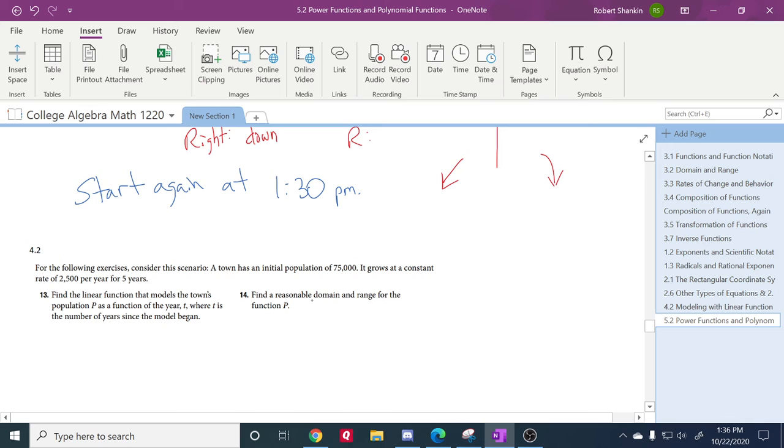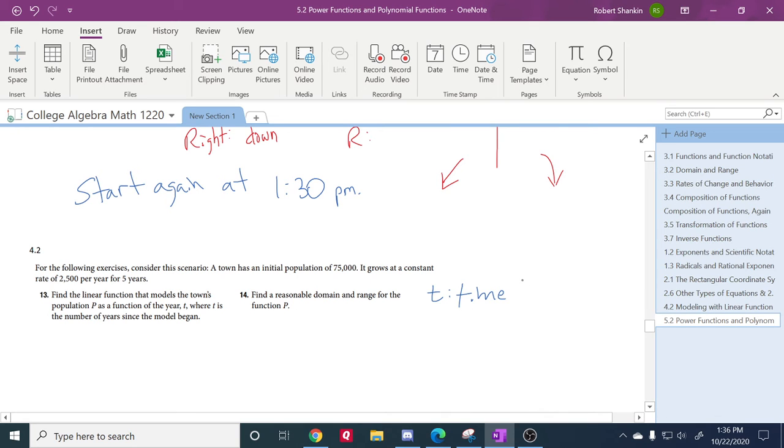All right. So t might be the independent variable. It is time, and it depends on how you define this.